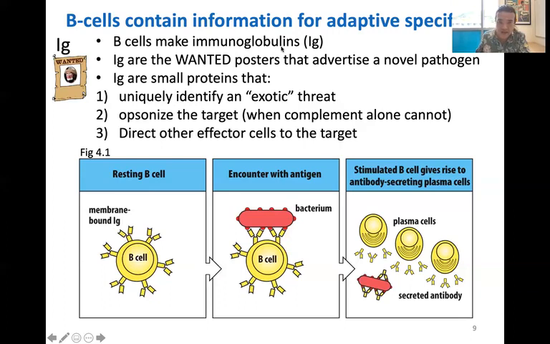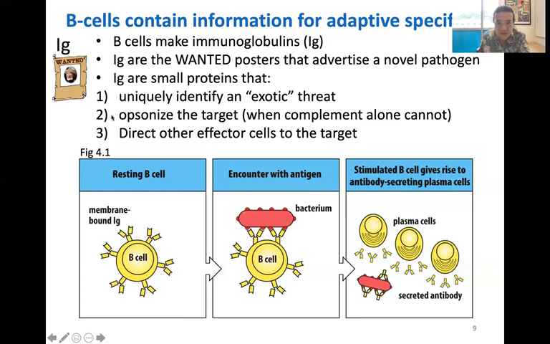Or Igs. So these Igs really are those wanted posters that advertise the identity of a novel pathogen so that the rest of our immune system can learn from this and realize that it needs to look out for this. So in particular, let's say the wanted poster of bad clown here, right?